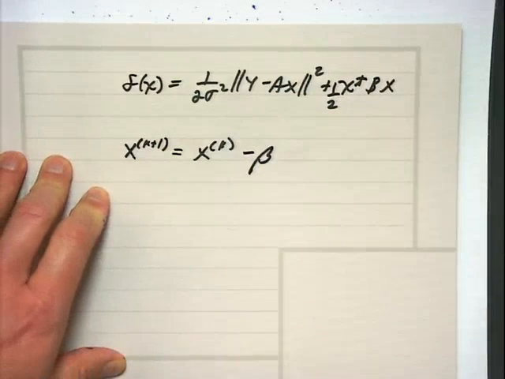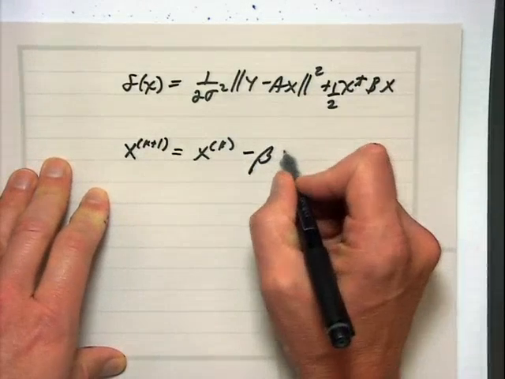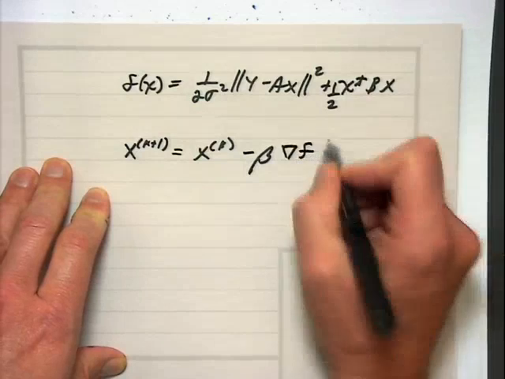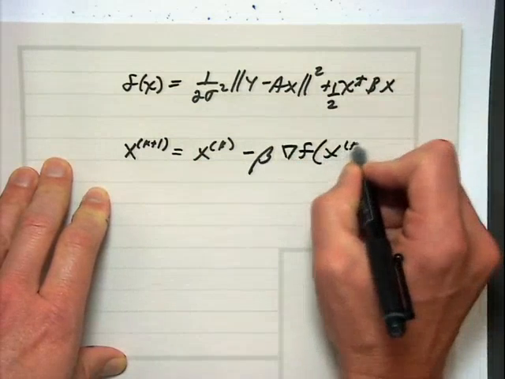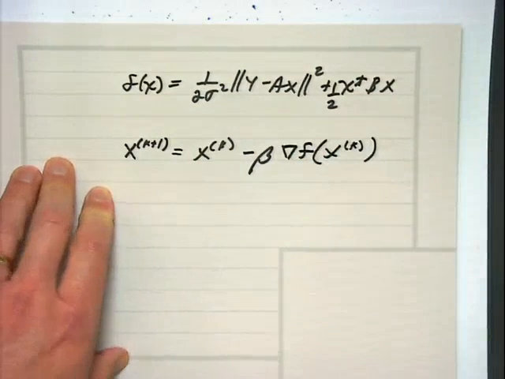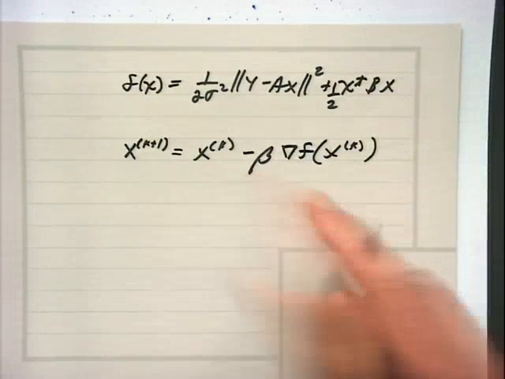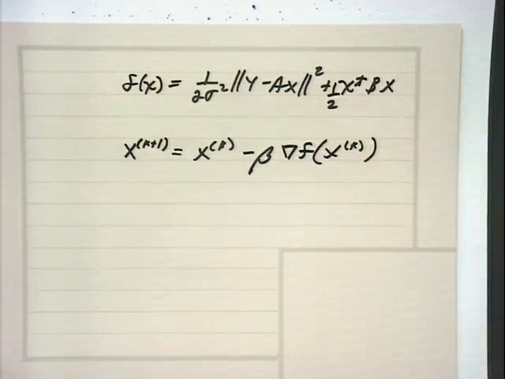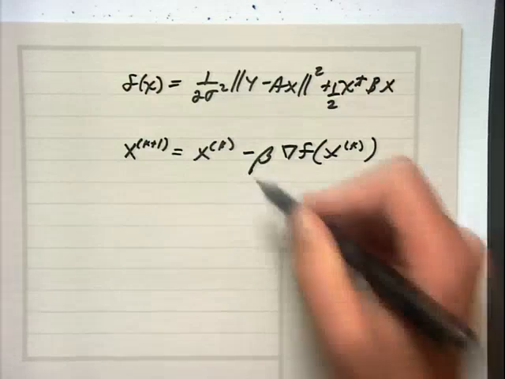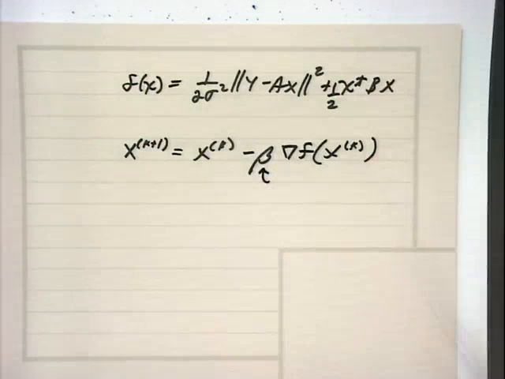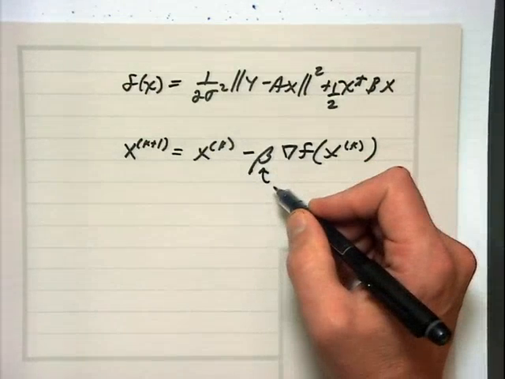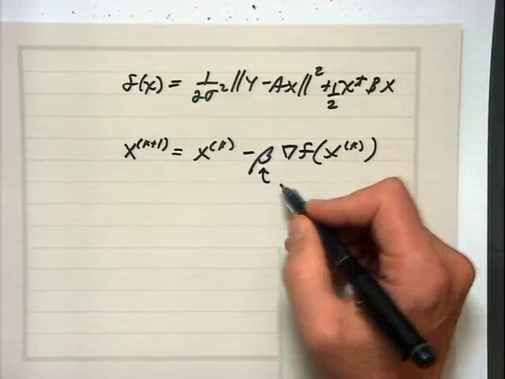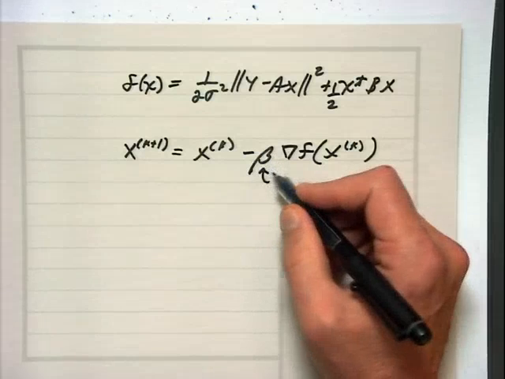You want to move downward, right? So you compute the gradient of f evaluated at the current value. The problem with gradient descent seems pretty intuitive. There are actually a number of problems, but one problem is you have to pick this step size, beta.